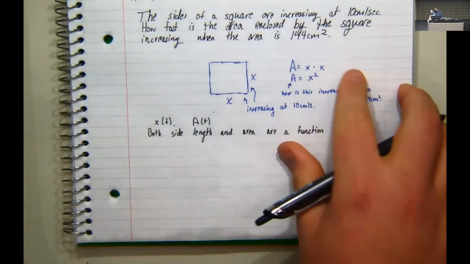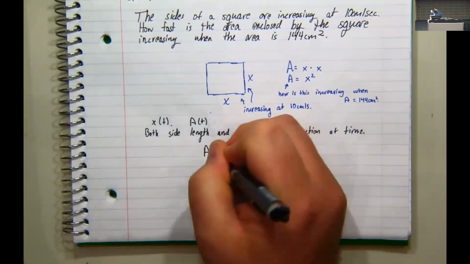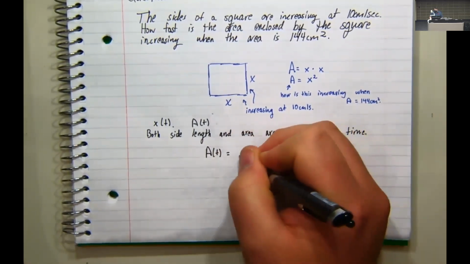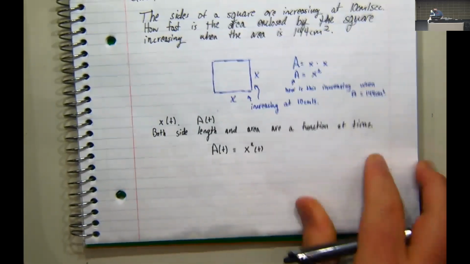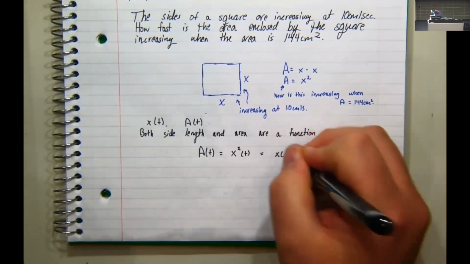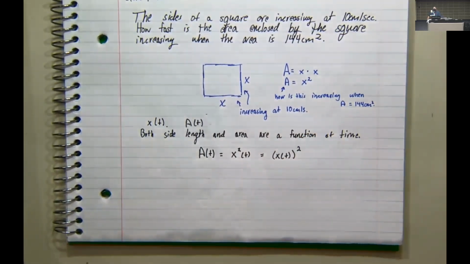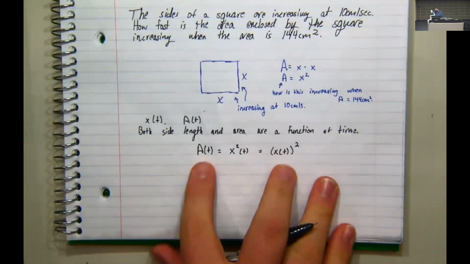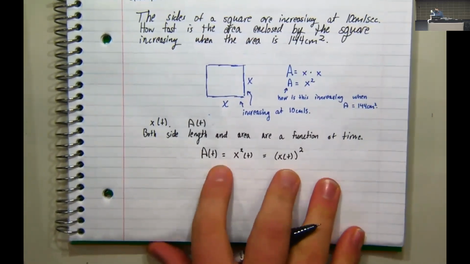So we can rewrite our area equals x squared as A of t is equal to x squared of t, or another way to write that would be x at t squared. Okay, and so this is our relationship between area and side length. This is the main equation we're going to use.